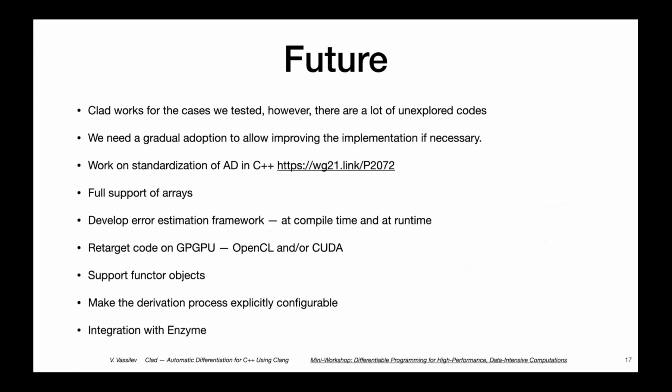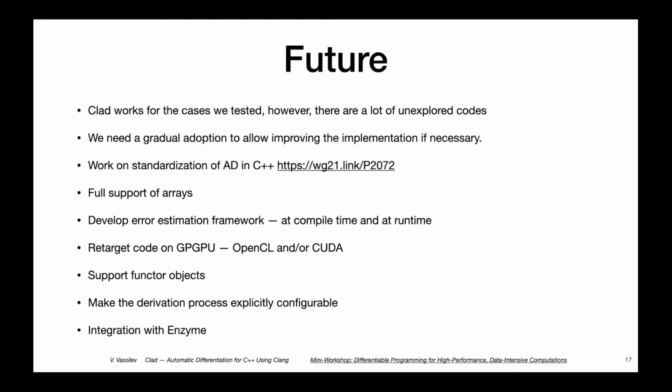Future. Clad works for the cases that we have tested. They are not few, but still there are a lot of things that we need to explore, and a lot of code that we need to process and make sure that we produce correct derivatives and also efficient ones.